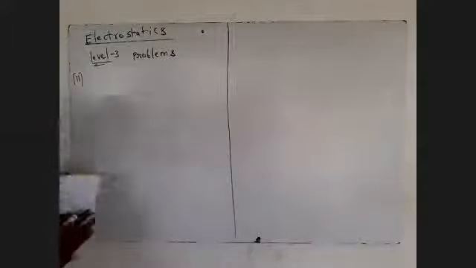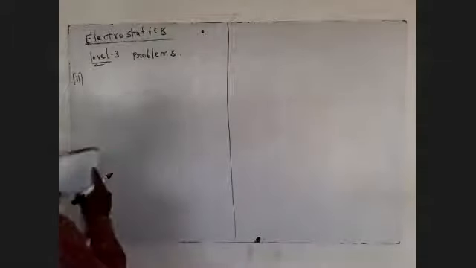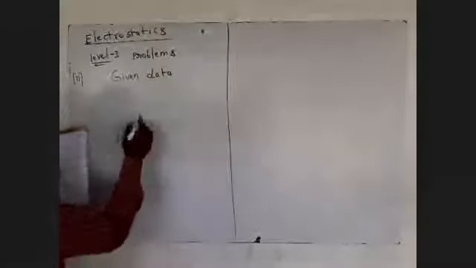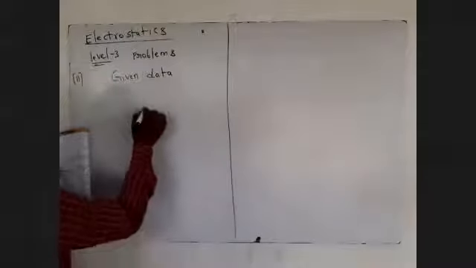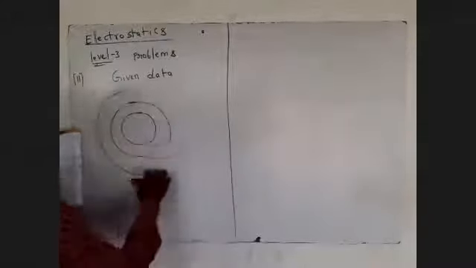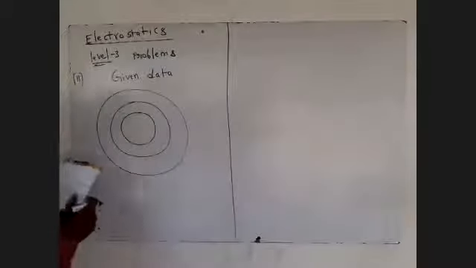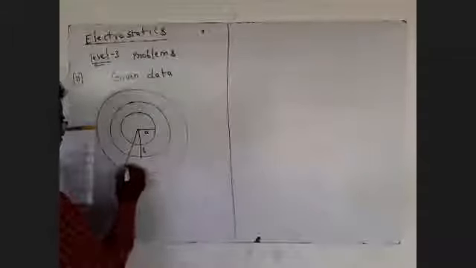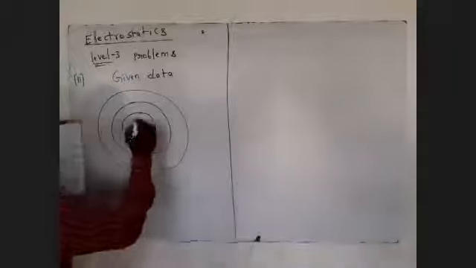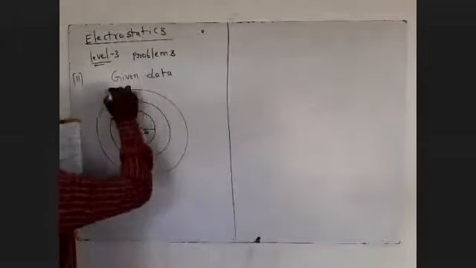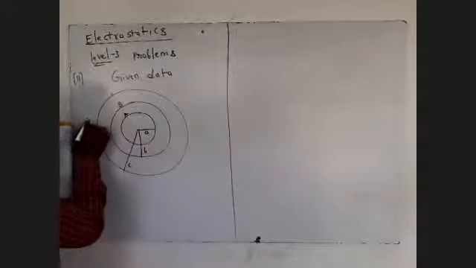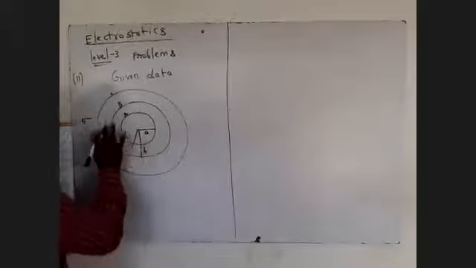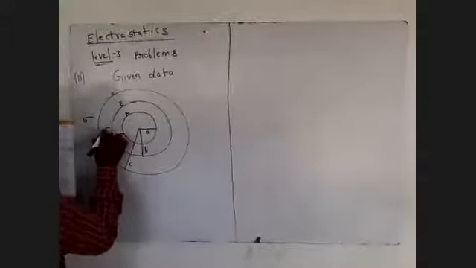So what is the given data? We have one concentric sphere, another one, and the last one. The radius of the first is A, of the second is B, and of the third is C. This is body A, body B, body C. Body A has sigma, body B has minus sigma, and body C has plus sigma.